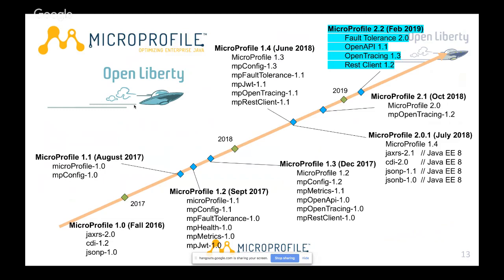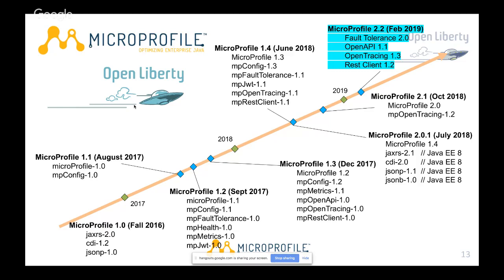In 2016, we released MicroProfile 1.0, which just took 3 Java EE specifications: JAX-RS, CDI, and JSON-P.